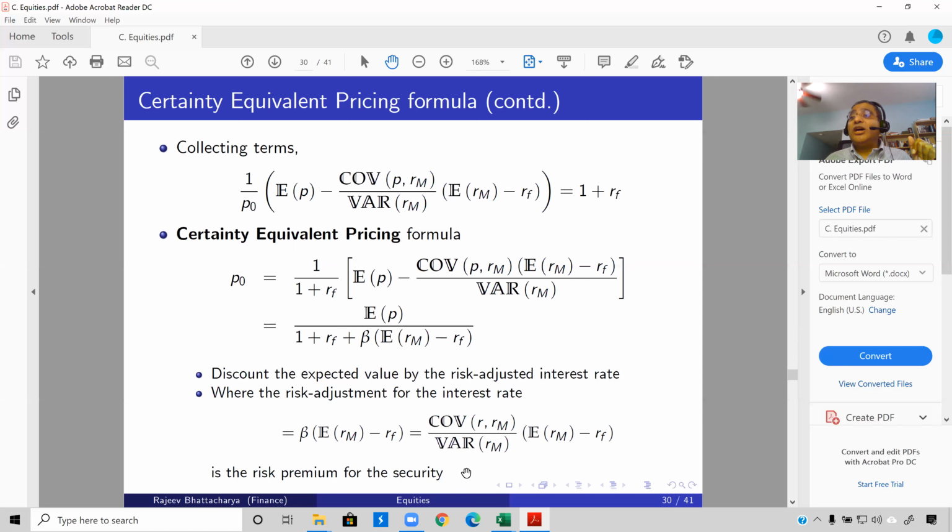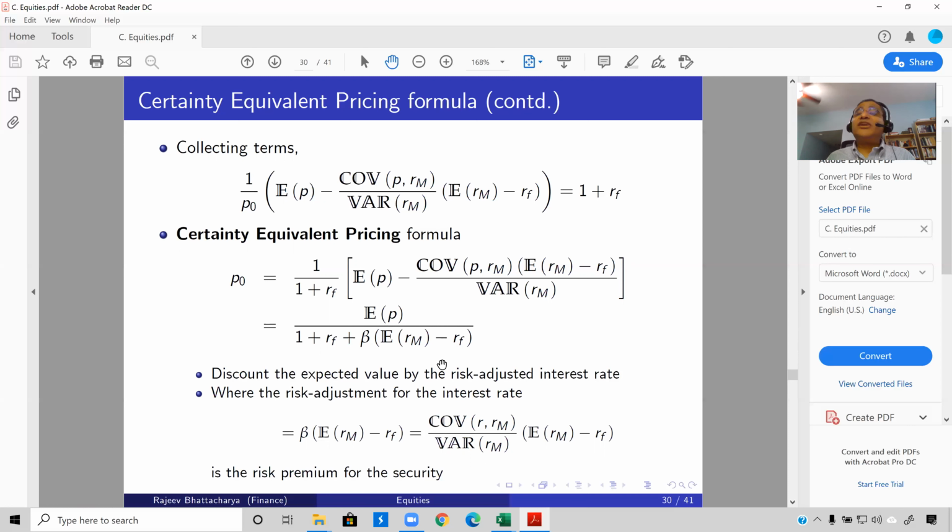However, if it's not a completely riskless scenario, you would need to find a way to discount the payoff of the future. In order to do so, you discount the expected value by the risk-adjusted interest rate. So in order to get that discount rate, that's plus beta times the excess return of the market.